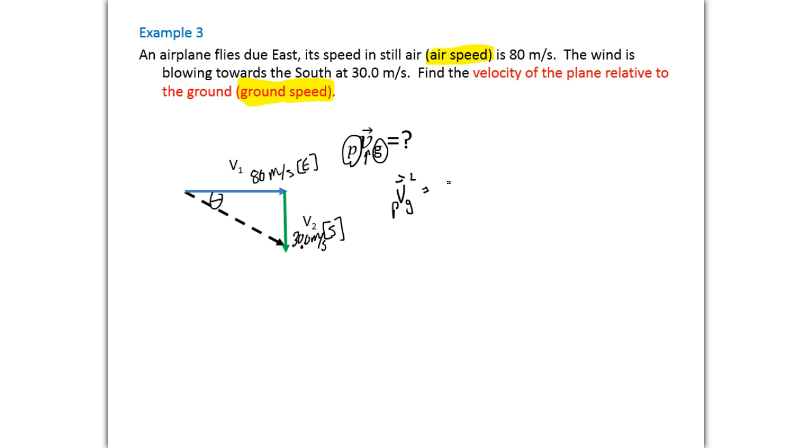Okay, so let's say you've done everything you need to. That's worked out. So you should have V1 squared plus V2 squared. If you wanted to, you could say the plane with respect to the air. And here, you could say the velocity of the, what was the other one?